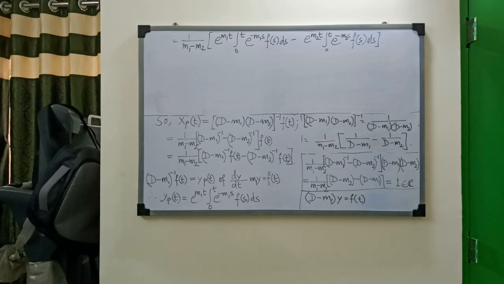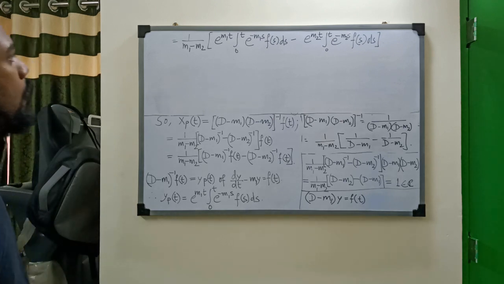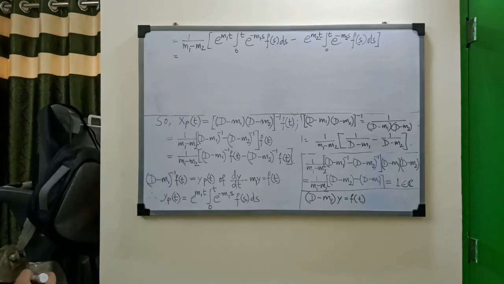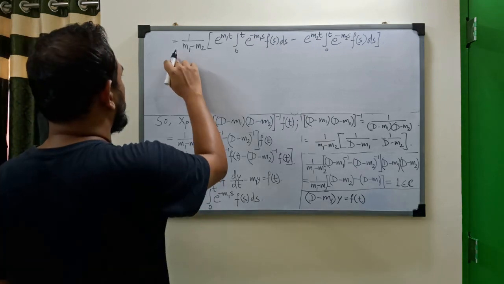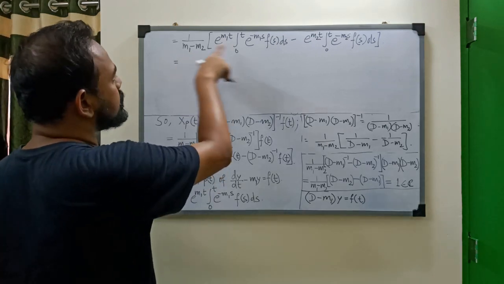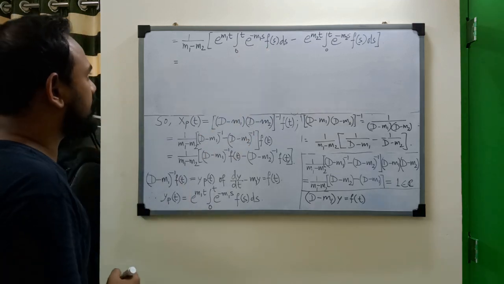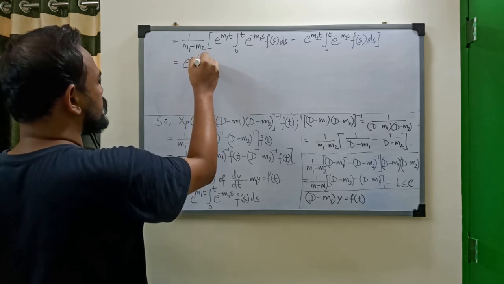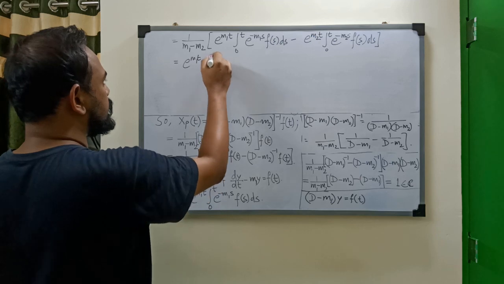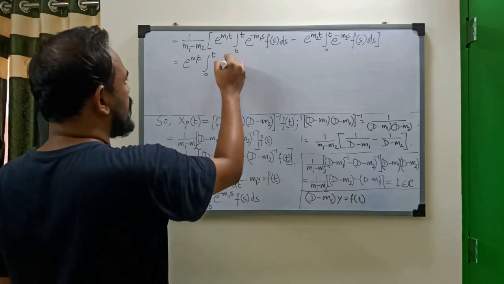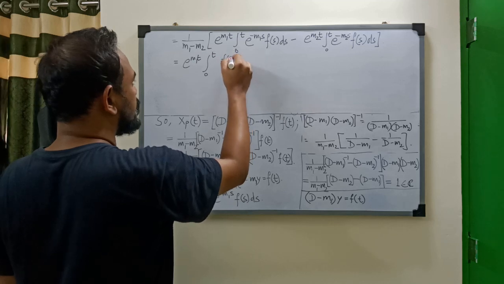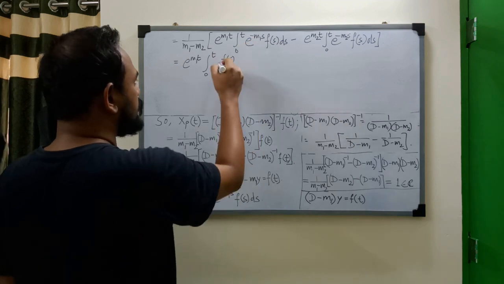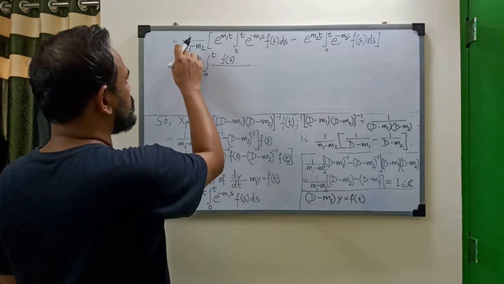Right. Now if I look at it, what's happening here is, I'm going to take this inside this integral. So e to the power m1t is going to remain outside. And here in the first integration, I'm going to have f(s). I'm going to bring this down, this negative will become positive, this index here, and bring that inside this integral.